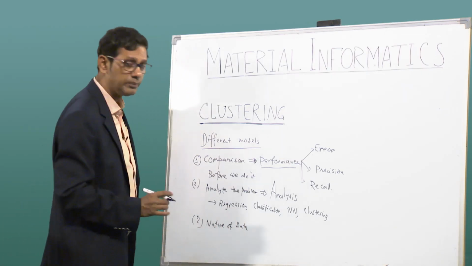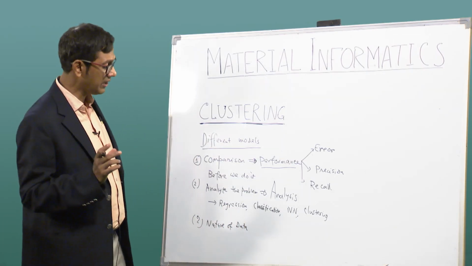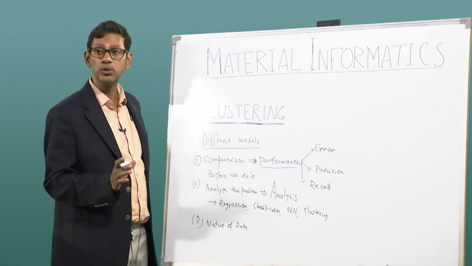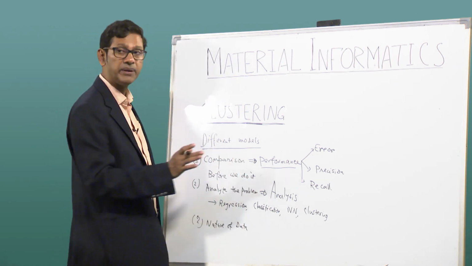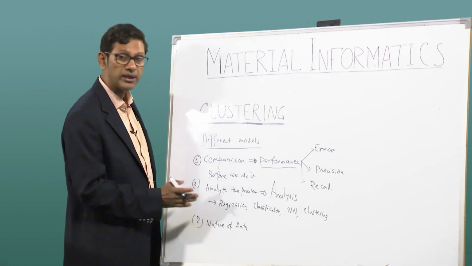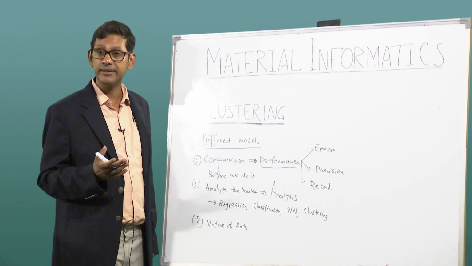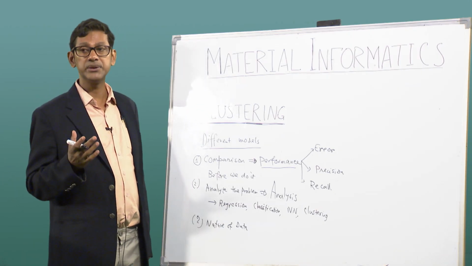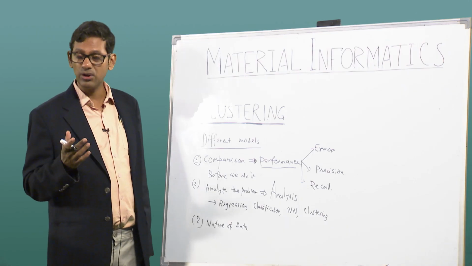Why? Because you remember, machine learning depends on data, and if your data is not of good quality, even if you use the best model, your predictions may not be good. So, therefore, you have to first look at the nature of data, where you are getting the data from, whether it is authentic data or you have some suspicion, whether some data points are missing or not.